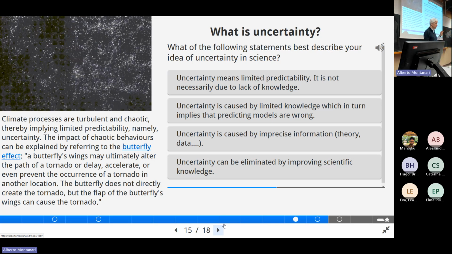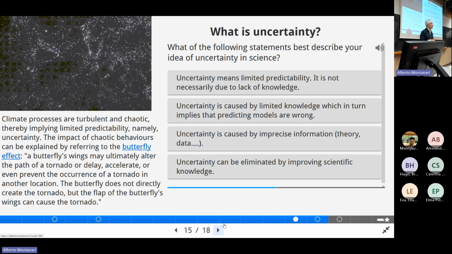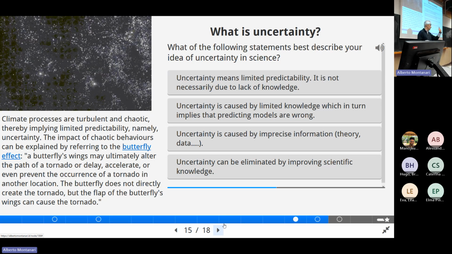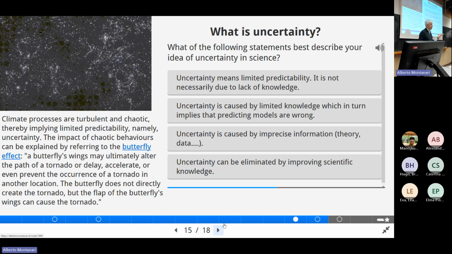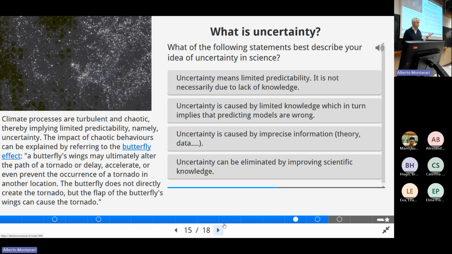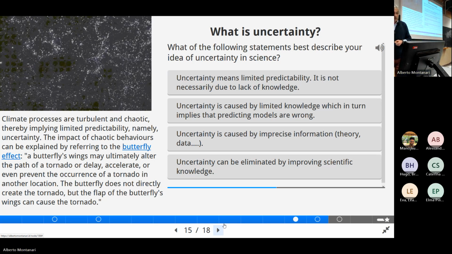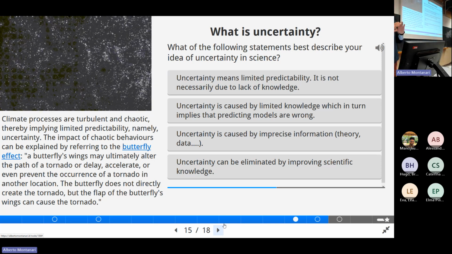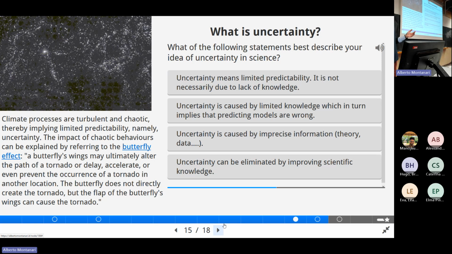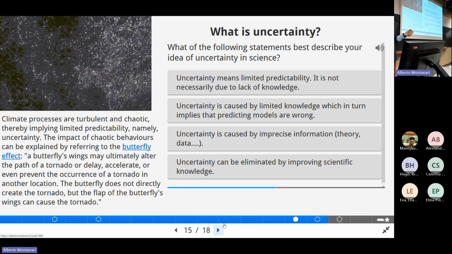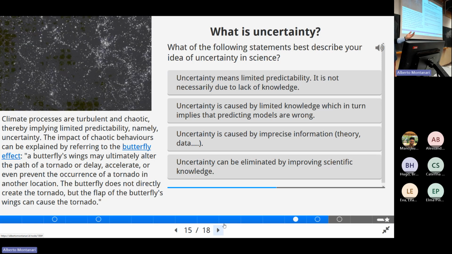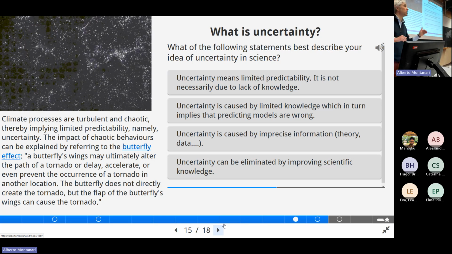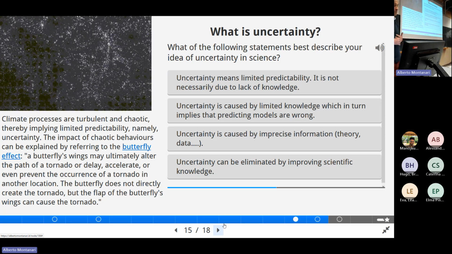In principle, it is true that a butterfly flying in Japan may cause a hurricane in New York, because it's the effect of chaos, of turbulence. And this effect of the initial condition cannot be eliminated. So this means that even if we were able to measure the initial condition with a high precision, still we have a lot of uncertainty, because we cannot predict the final outcome.